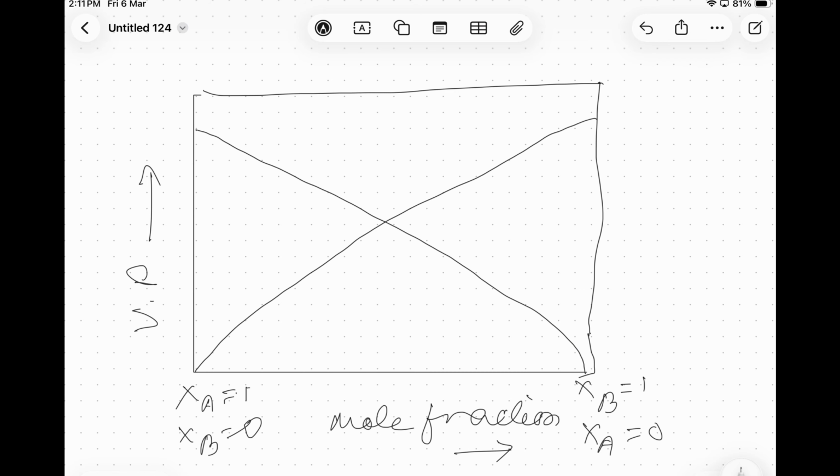But what happens? Vapor pressure which is observed is higher than the vapor pressure predicted. Vapor pressure predicted is broken line. Vapor pressure observed is solid line. So solid line indicates that vapor pressure expected is less, vapor pressure observed is more.